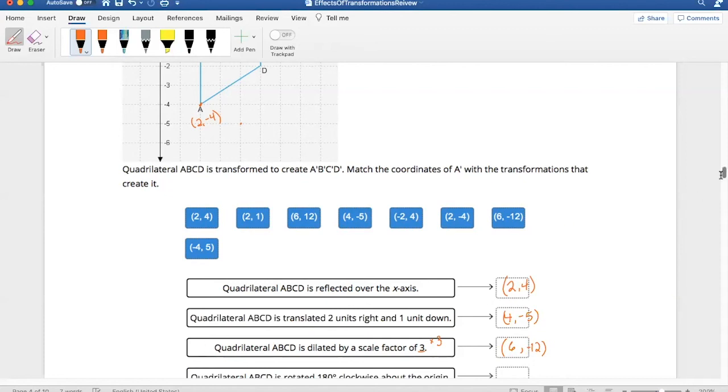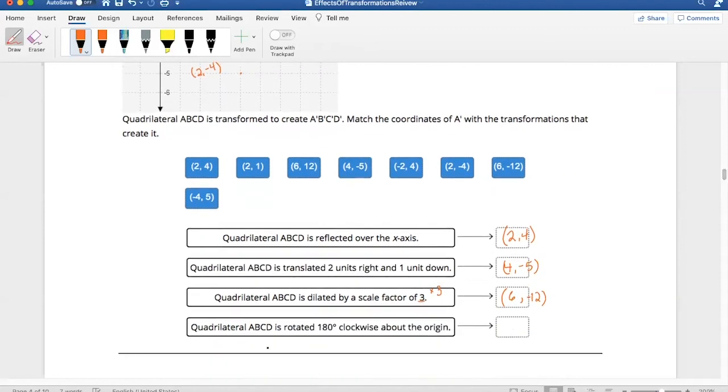And then the last one, the rotation 180 degrees clockwise, so to the right, half a circle, basically, to the right about the origin. I always like to use a rule for these. I think the rotations are hardest to do on the coordinate plane unless you have some tracing paper to go over.